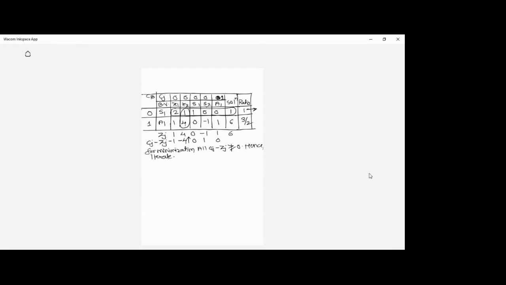So now let's reconstruct our table. CB, CJ, here we have basic variables, then x1, x2, s1, s2, and particularly we also have a1, right? And here we have the solution.